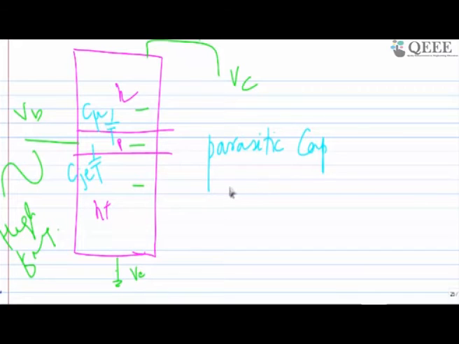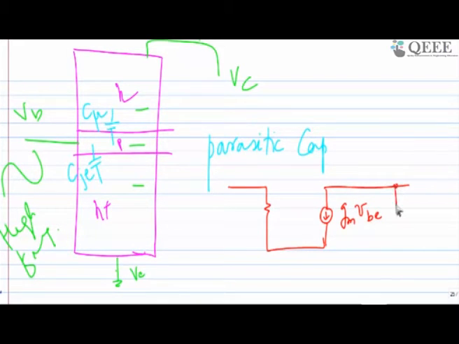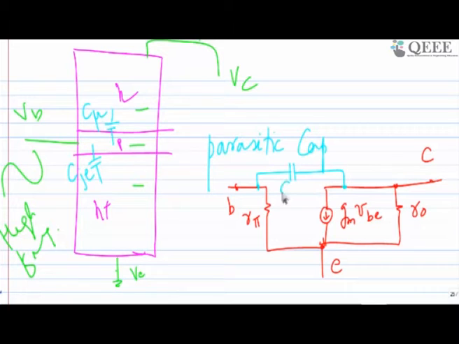So if you remember, our model was like this one. We agree this is base, this is collector, and this is R0, this is R pi. But on top of this, capacitors are also playing a role. So between base and collector there is one parasitic capacitor which is called C mu, and base to emitter there is one more capacitance which is called junction capacitance C pi.